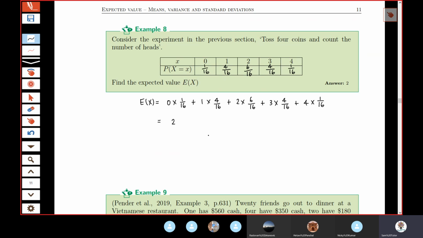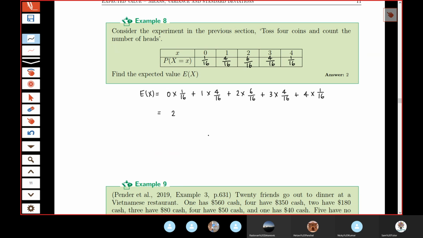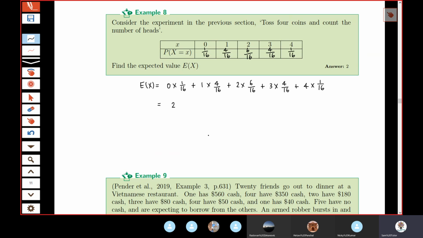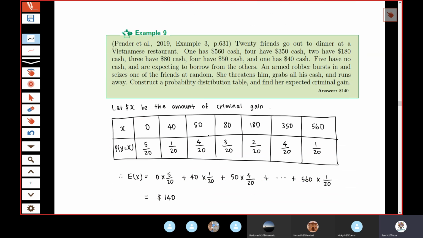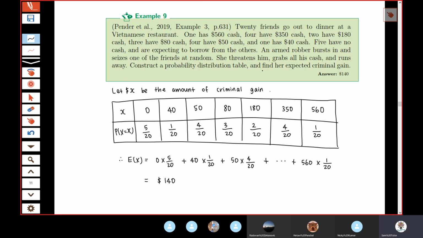Probably the easiest 2 marks you're gonna see in your exam. Okay, any questions? No, pretty easy.